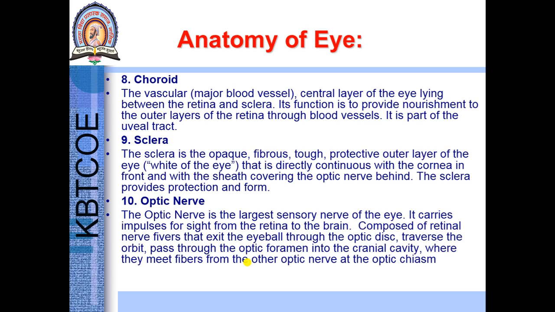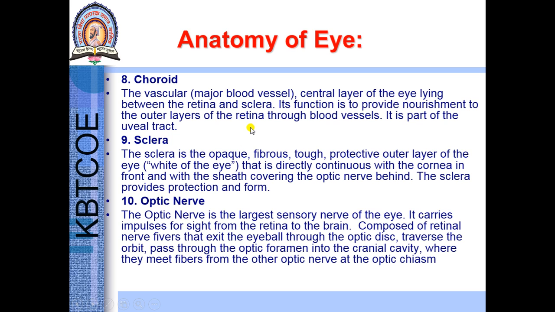As we have seen, choroid and sclera are two layers of the eye. Sclera is the outer layer of the eye which is used for protective purposes, whereas the choroid is the middle layer of the eye between the sclera and retina.